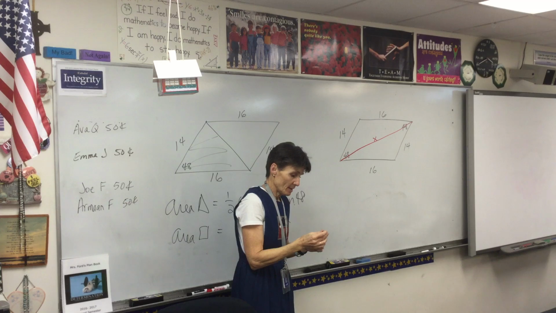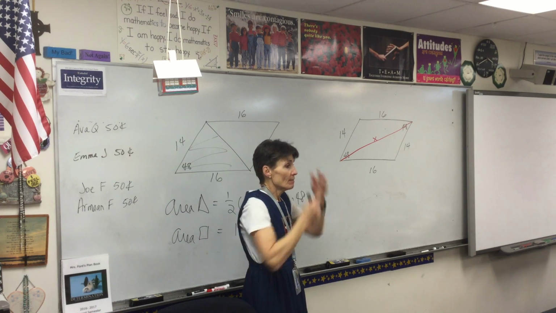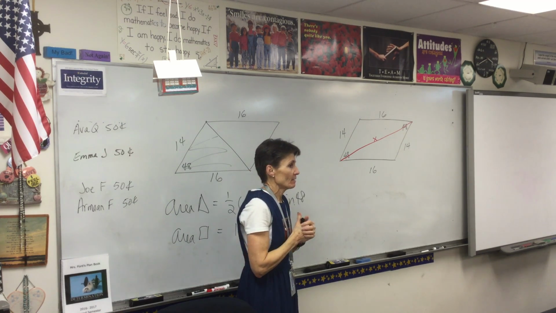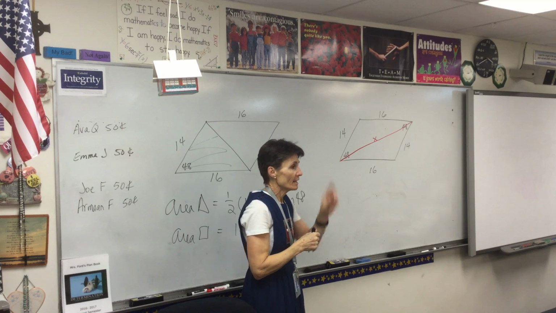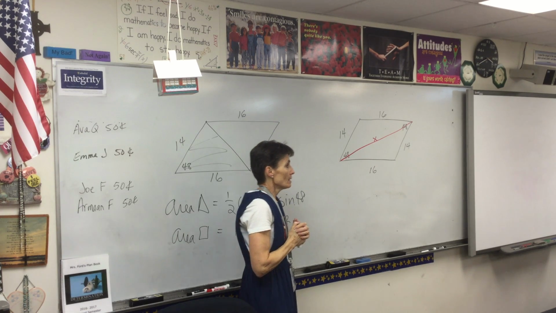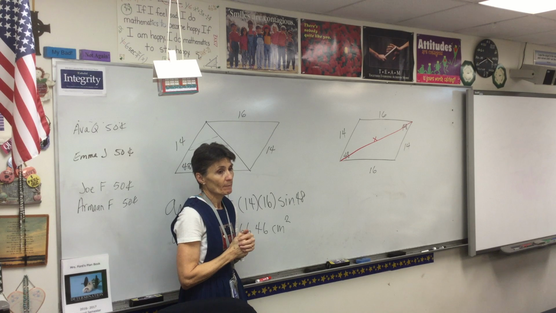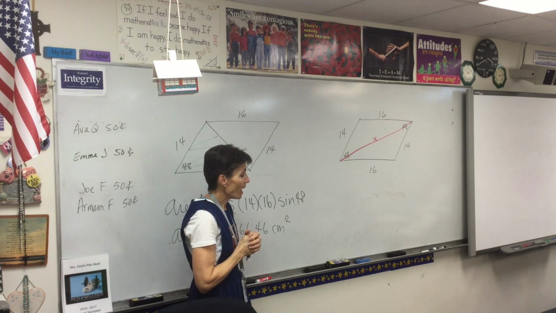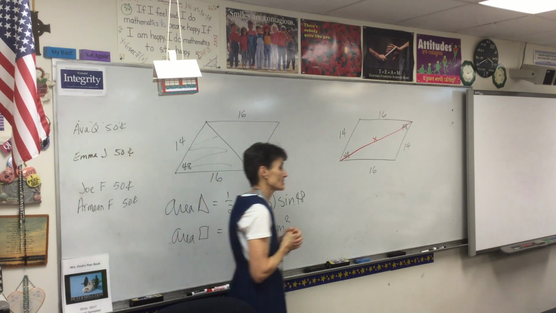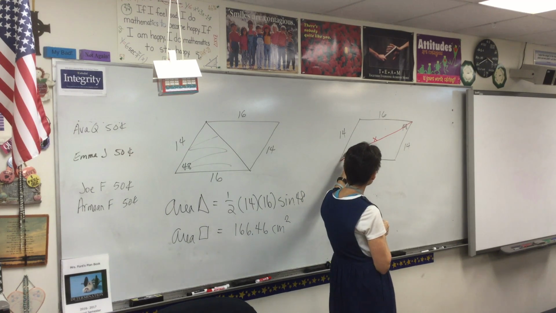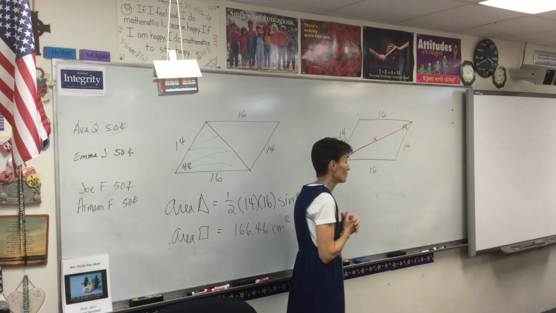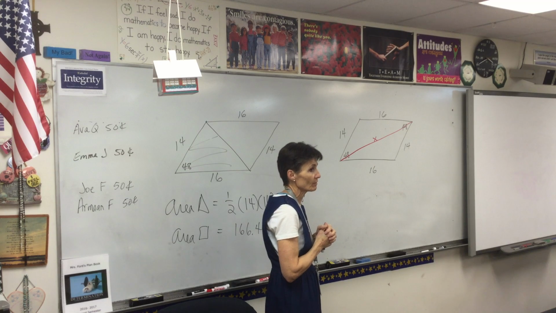Now, there is an assumption that lots of people make when they look at this situation, and it is wrong. The diagonals of a parallelogram do not bisect the angles. So if you were thinking, oh, we'll just make these 24s, you would be wrong. That doesn't work that way.